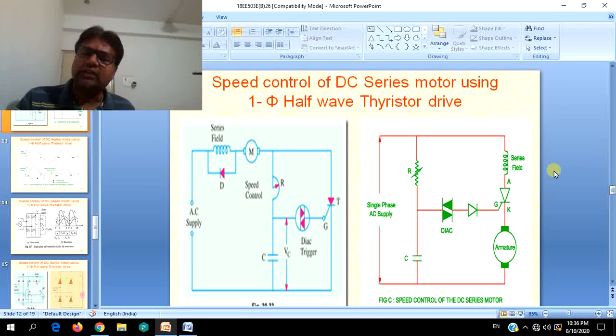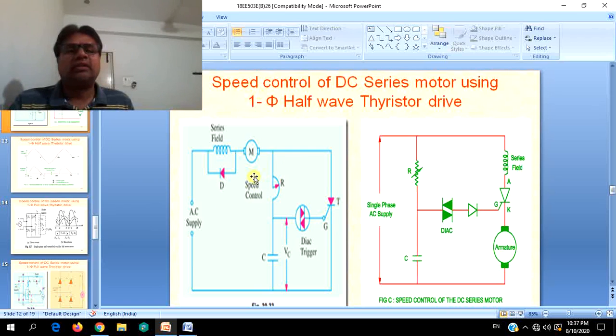You can give a separate full voltage to the shunt field. Even when you change the voltage to the armature, nothing will happen to the field in shunt motors, whereas in series motors, the same voltage is applied across the armature as well as the series field. The same current flows through both of them, so speed control is somewhat difficult, and it follows the square of the flux.